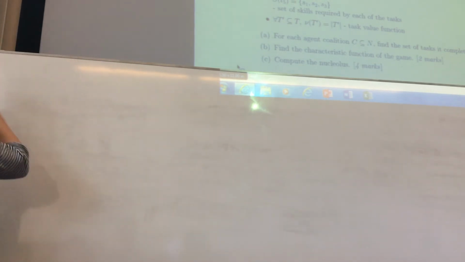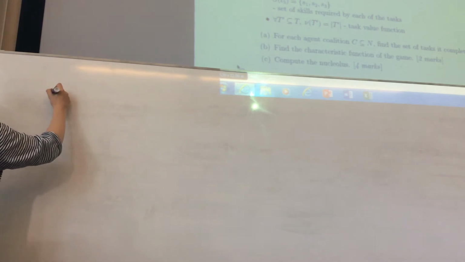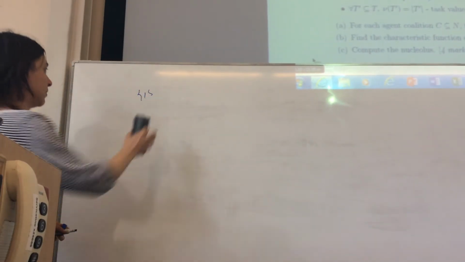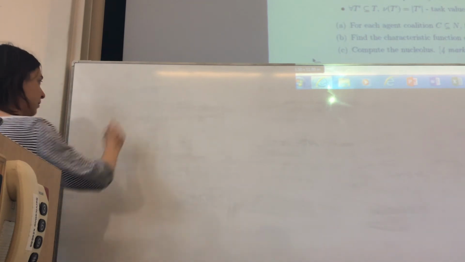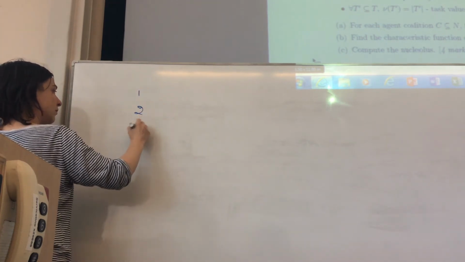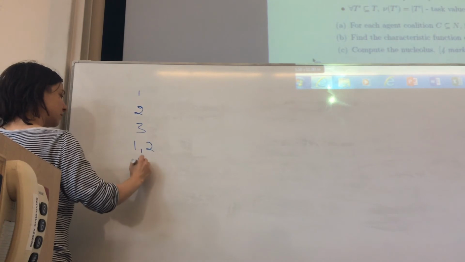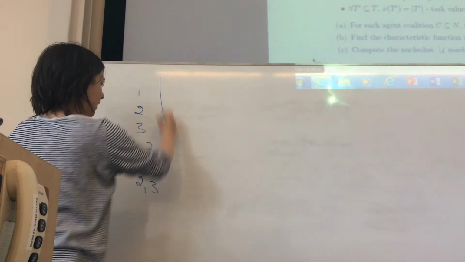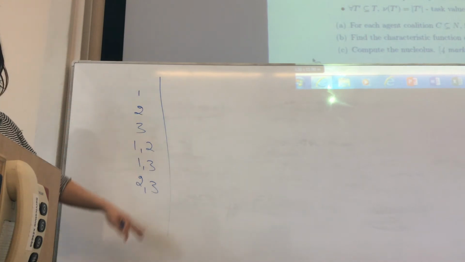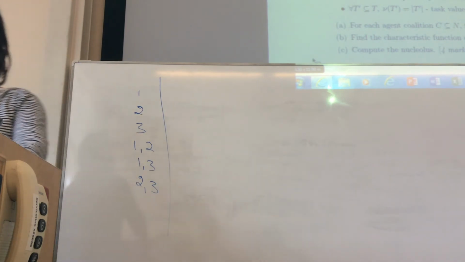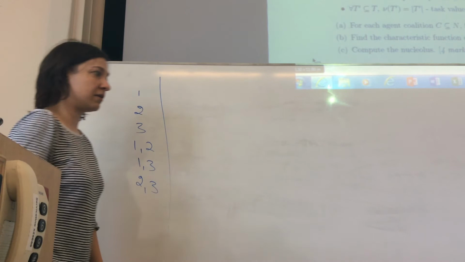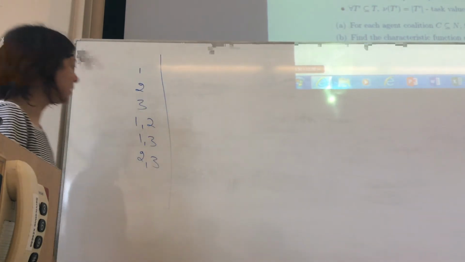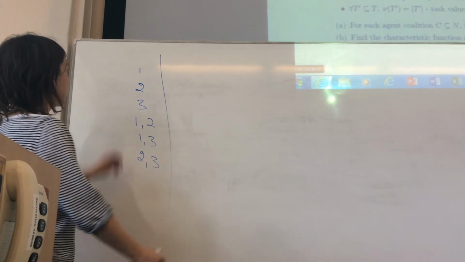Okay, if we start with 3, 1, 1, let's do fractions. So we have 1, 2, 3, 1, 2, 1, 3, 2, 3. We exclude the empty set and the grand coalition because there the excess is always 0. So it's just not interesting.